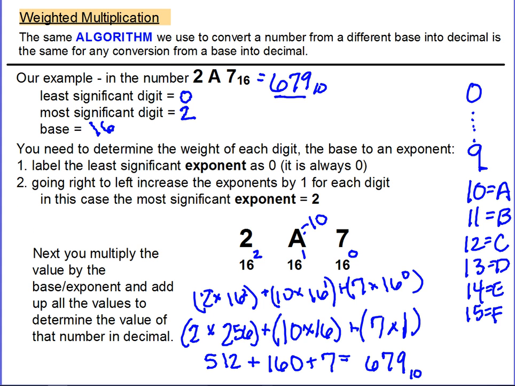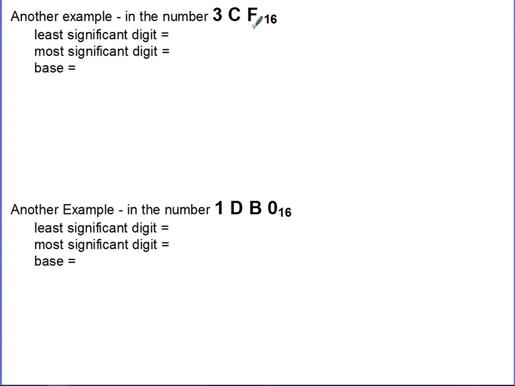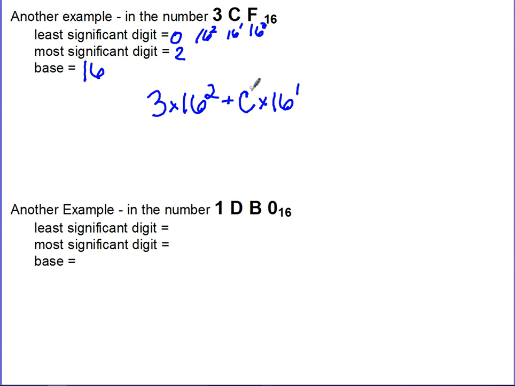And we'll repeat that process, get a little bit more practice. This is going to be my 16 to the 0, 16 to the first, 16 squared. So my least significant digit, most significant digit, my exponents there, base is 16. So I get 3 times 16 squared plus C times 16 to the first.